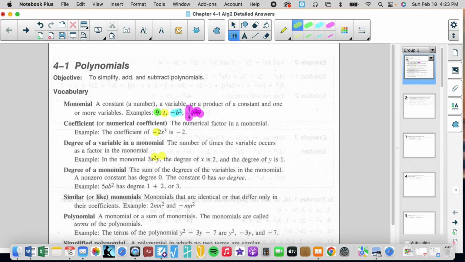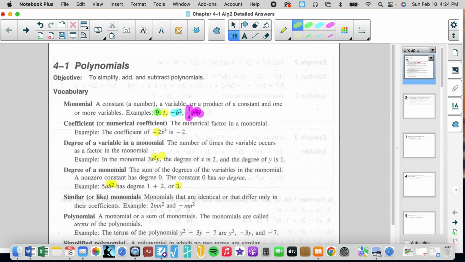There's an exponent 1. There's an invisible 1 there. Degree of a monomial, the sum of the degrees. So you would add them. So the degree of the monomial in this example would be 3. When we say 2 and 1, that's the degree of the variable. So if we have that, it's going to be 1 and 2, which makes 3.